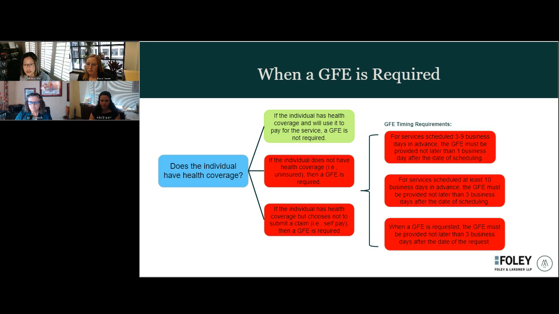Because they may be eligible in a few days, some of our clients have asked whether a good faith estimate would really be required. The answer is still yes, because if the patient is uninsured at the time of scheduling or the time of the request, as this chart is telling us, the good faith estimate is required, unless the patient is going to be using insurance.